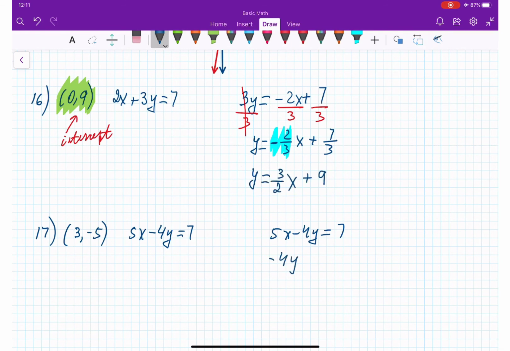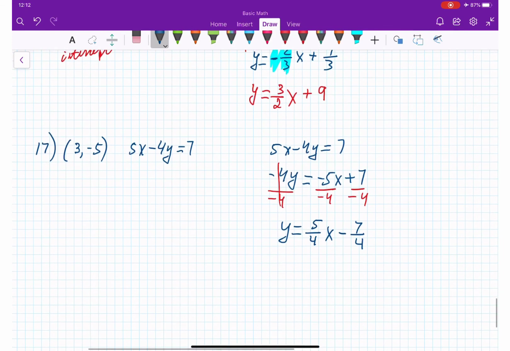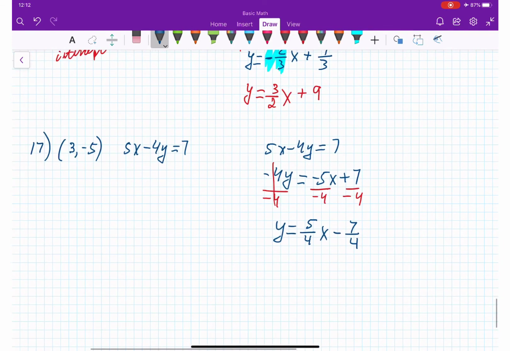Negative 4y is equal negative 5x plus 7. And we divide by negative 4, divide by negative 4, divide by negative 4. This is gone. And y is equal 5 over 4x minus 7 over 4. Okay?